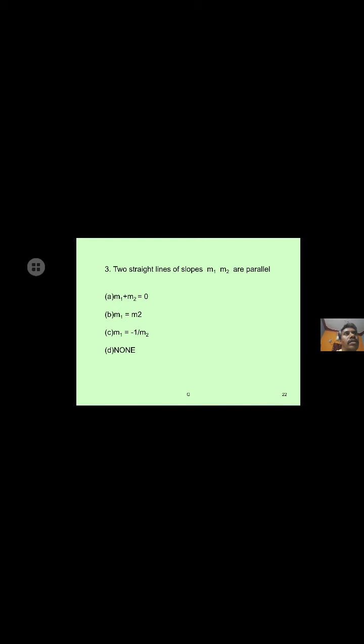because I already told you, for two parallel lines the x and y coefficients in both equations 1 and 2 should be the same. Suppose in the first equation 3x plus 4y plus 7 equals 0. Let it be equation number 1. And another equation parallel to 1, we can write 3x plus 4y plus 11 equals 0.